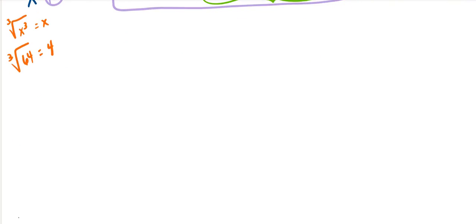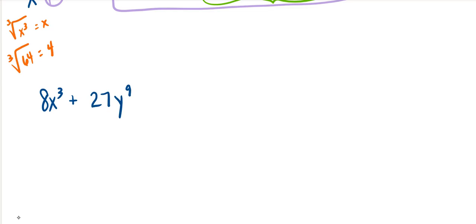Let's do another example. Let's do 8x to the third plus 27y to the 9. Again, if you would like to pause and work it out yourself, that is completely up to you. The cube root of 8x to the third is 2x.